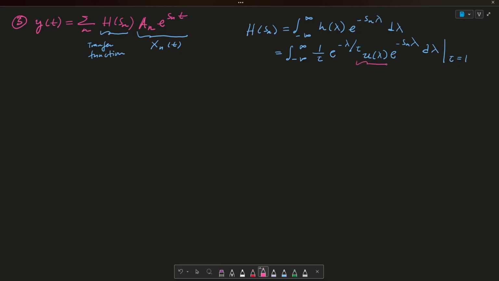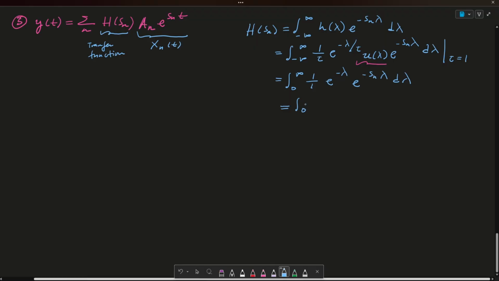As we already know, this unit step function restricts my integral. So this is equated to the integral from 0 to infinity of 1 over 1 e to the minus lambda over 1, which I won't write, times e to the minus Sn lambda d lambda. So then now this is equated to the integral from 0 to infinity of e to the minus lambda times (1 plus Sn) d lambda.